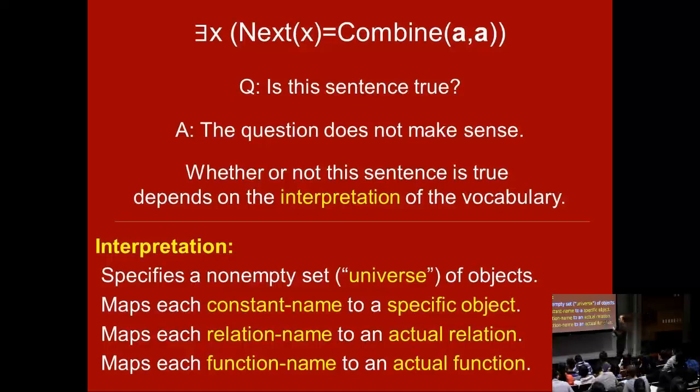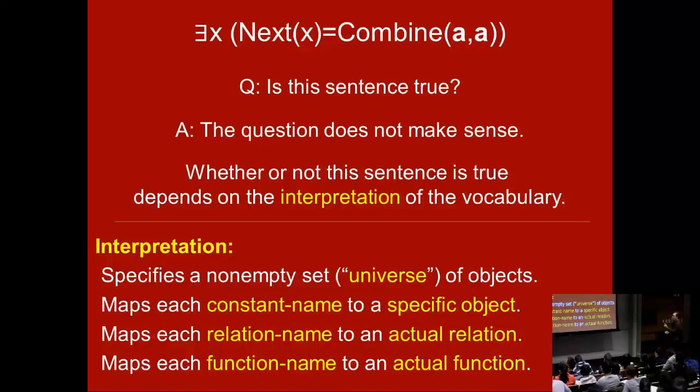And this is the tricky part. The interpretation also maps each constant name to a specific object in the universe, each relation name to an actual relation in the universe, and each function name to an actual function on the universe. For example, in the interpretation we had in mind back with Alex and his father, that interpretation mapped the symbol A to the actual person Alex.